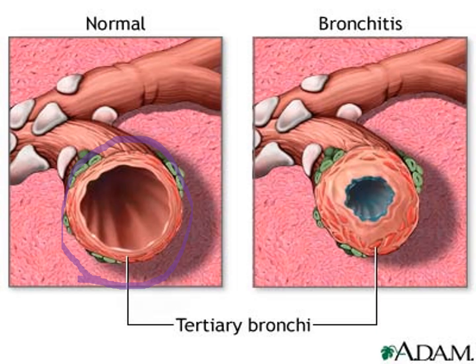If we take a look at the lumen on the right-hand side of a bronchi that is suffering with bronchitis, you can see the impact on the overall luminal diameter, and you can see a huge decrease in the amount of air that can travel through that bronchiole.